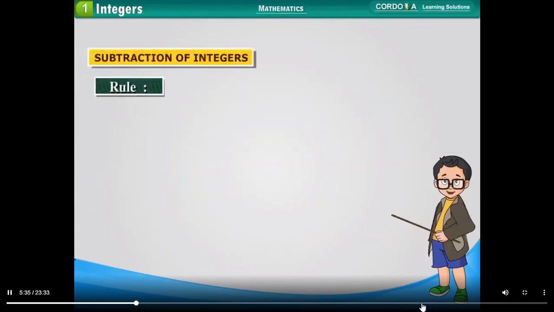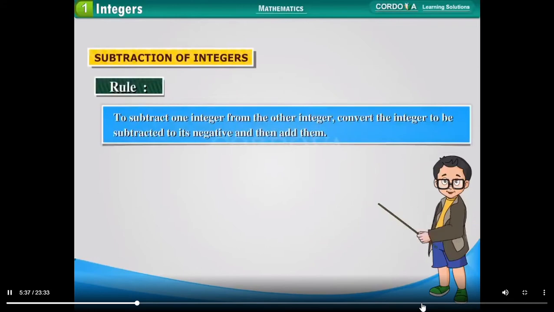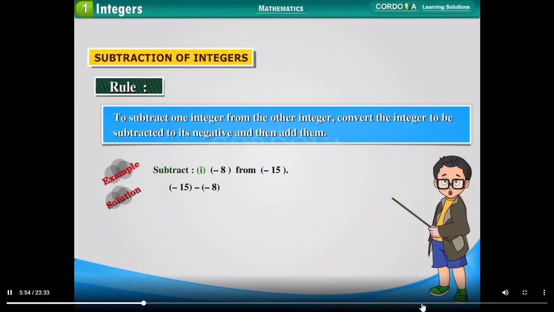Subtraction of integers. Rule: to subtract one integer from another integer, convert the integer to be subtracted to its negative and then add them. Example: subtract negative 8 from negative 15. Solution: negative 15 minus negative 8 is equal to negative 15 plus 8.